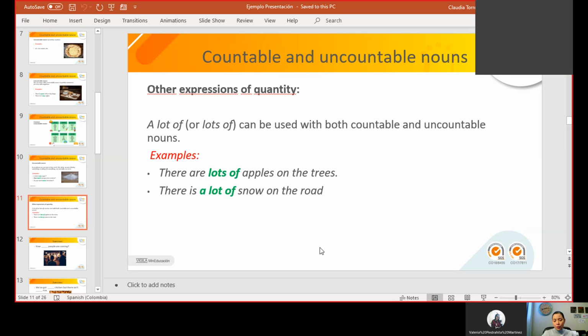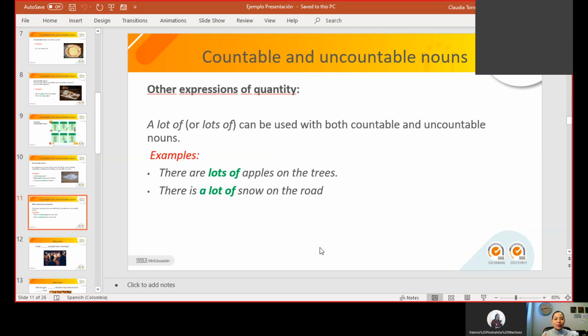Now, other expressions of quantity. You can use a lot of or lots of, with both countable and uncountable. So this is a trick. If you're not sure if a noun is countable or uncountable, you can use a lot of and you will be safe.